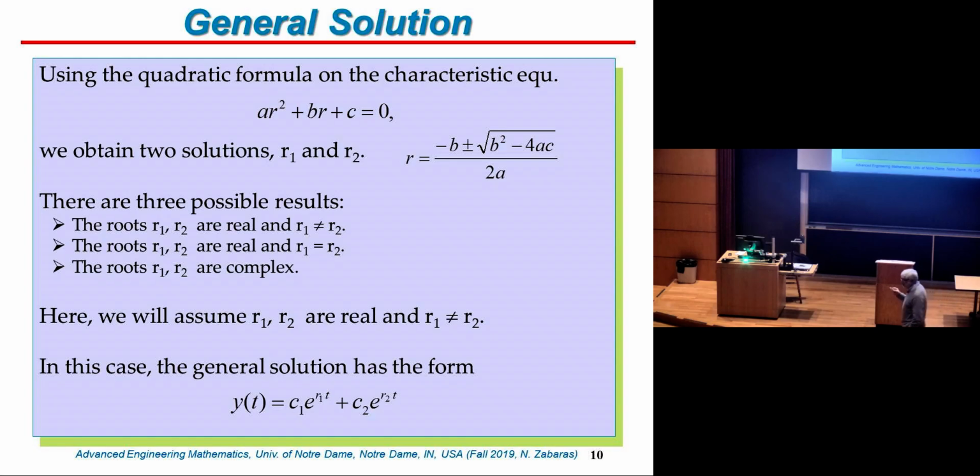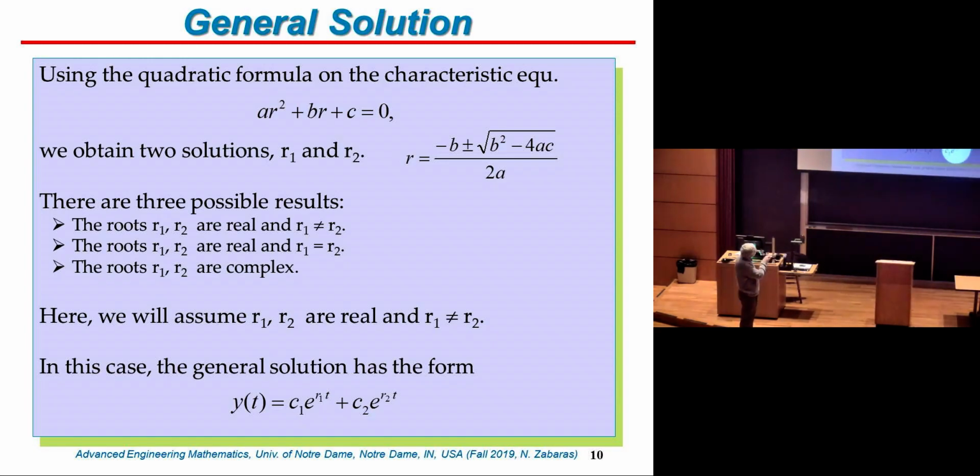Since we are just starting to talk about differential equations of second order, let's take the trivial case where we have two roots, and they're real, and they're different from each other. So basically, the solution looks like C1 e to the R1t plus C2 e to the R2t.